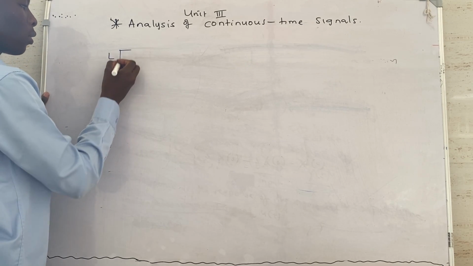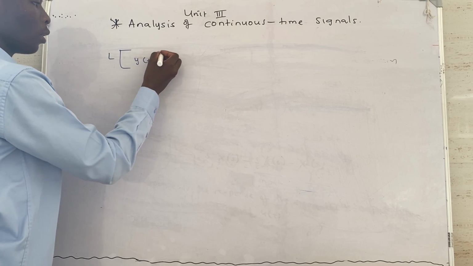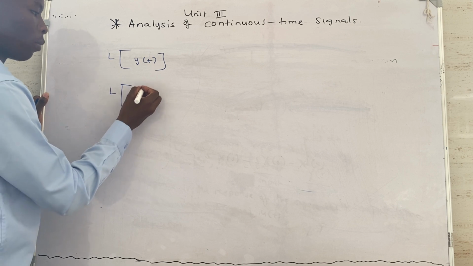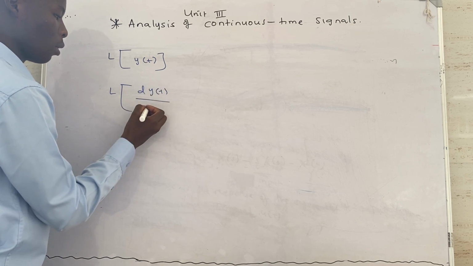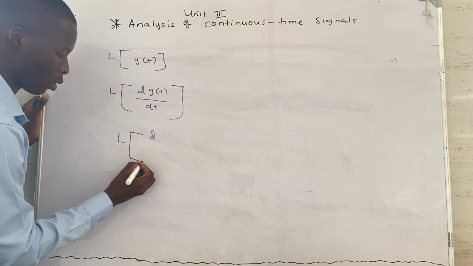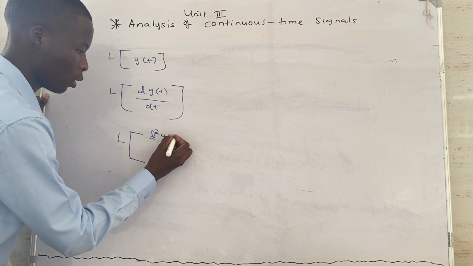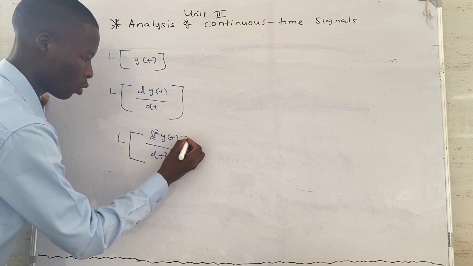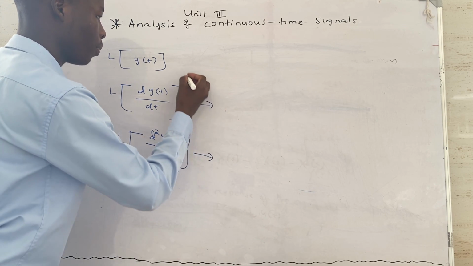The Laplace transform of y of t, the Laplace transform of dy of t by dt, the Laplace transform of d squared y of t by dt squared. Like this.